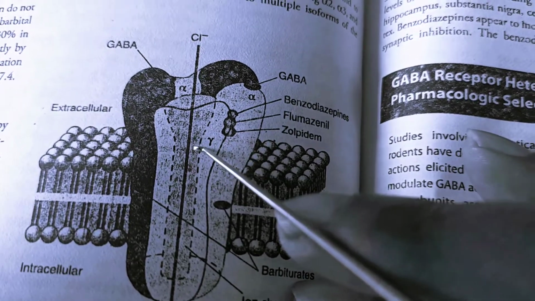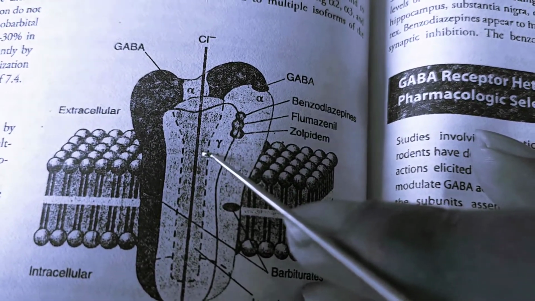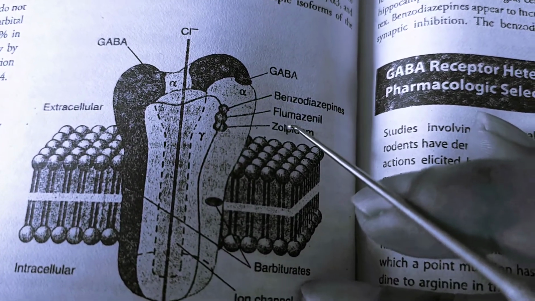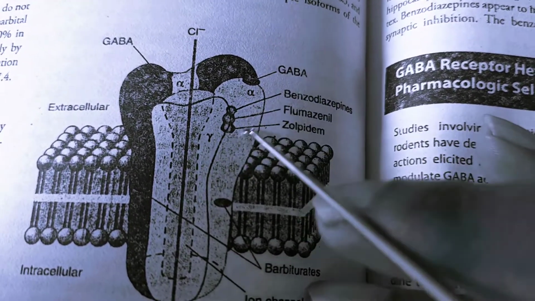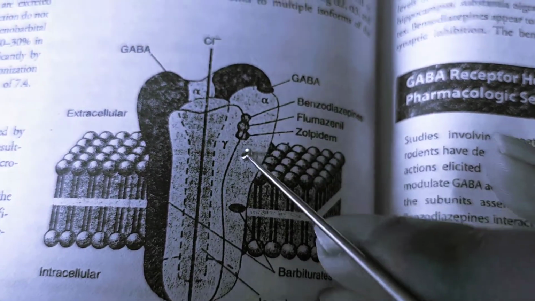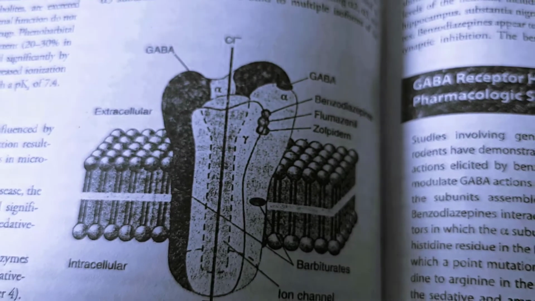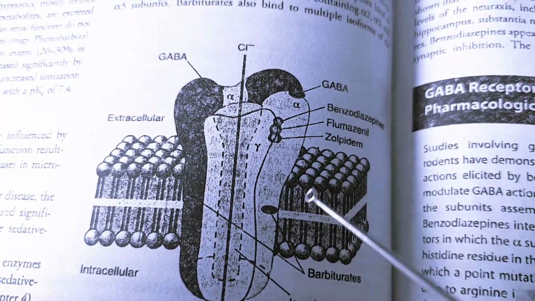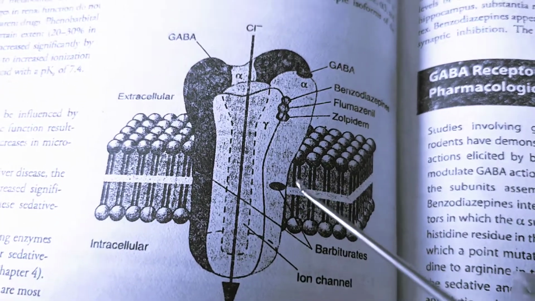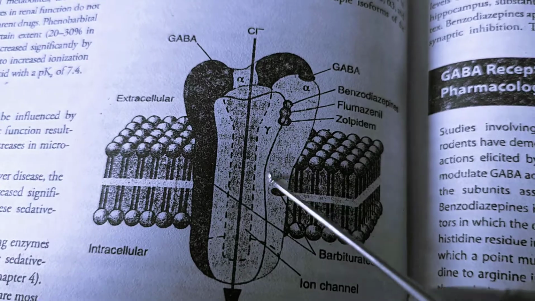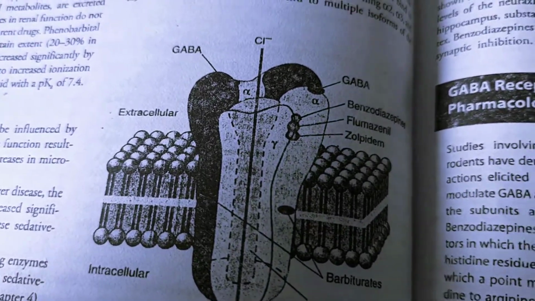And another drug, the benzodiazepine antagonist flumazenil, also binds here to inhibit the binding of benzodiazepine. Here is the benzodiazepine binding site. Here is the GABA binding site. There is another drug that binds in this receptor, that is the barbiturate. Barbiturate binds here. We will talk about it later.